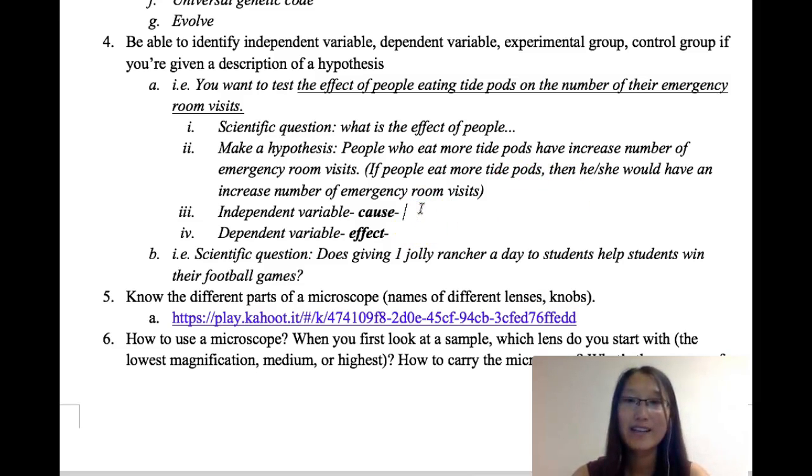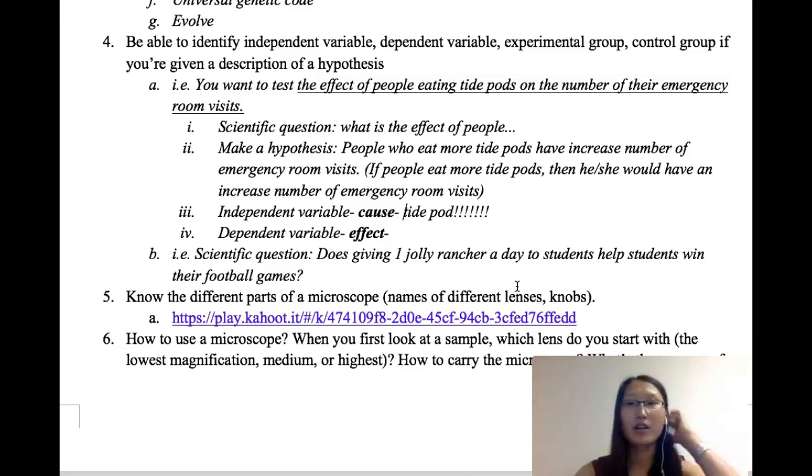So our cause is Tide Pod, or rather the number of Tide Pods.